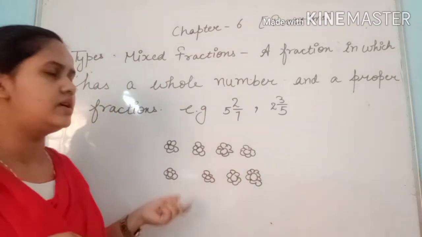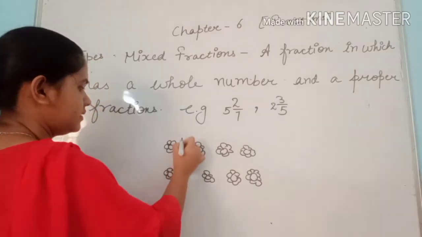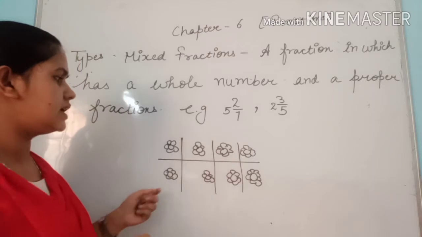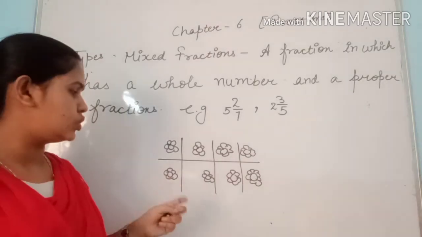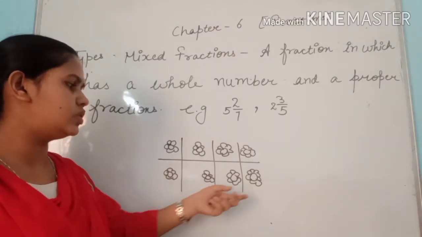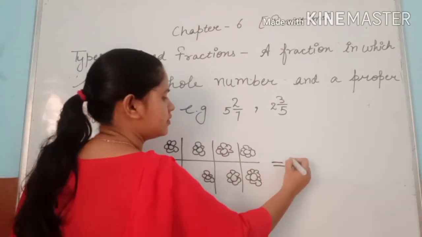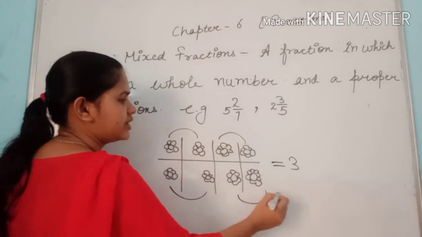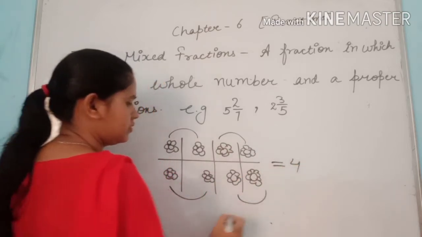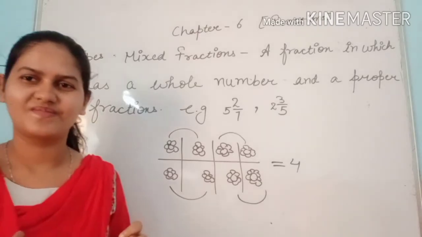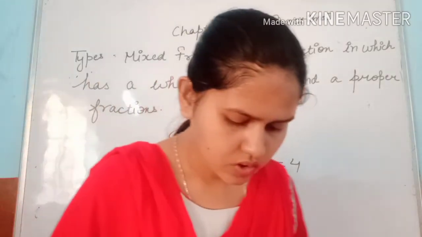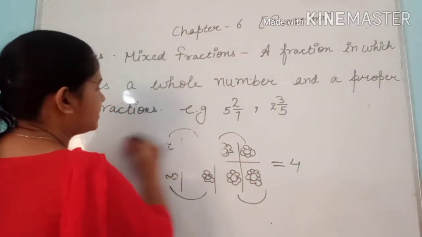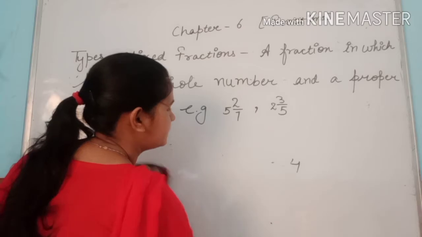We have to divide them into 2, right? So you can see we have divided into 2. So how many are given to us? 1 2 3. Sorry, it will be 4. So 1 2 3 4. So that's all for the second part.